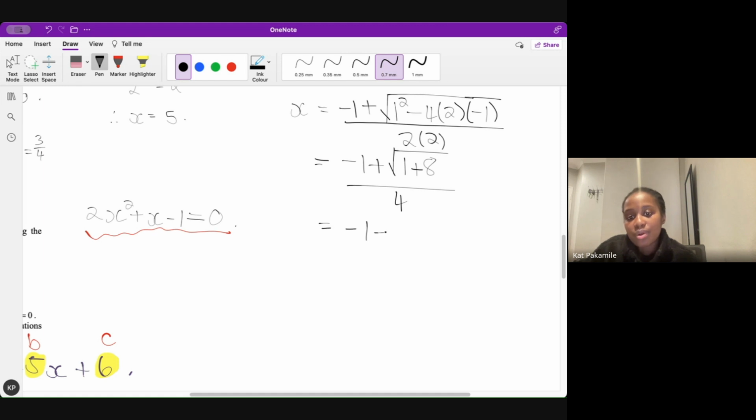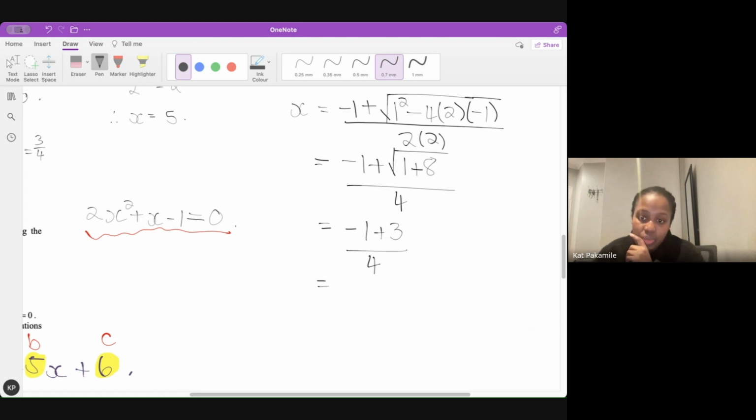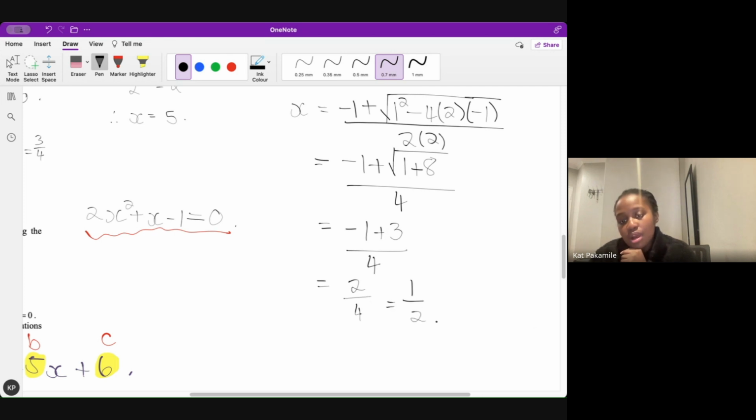This will be negative 1 plus the square root of 9, which is 3, over 4. What is negative 1 plus 3? Negative 1 plus 3. That is indeed 2 over 4, which I can simplify to a half. Do you see what I mean? So if your x is bound to be a fraction, then rather just use this formula. Okay.